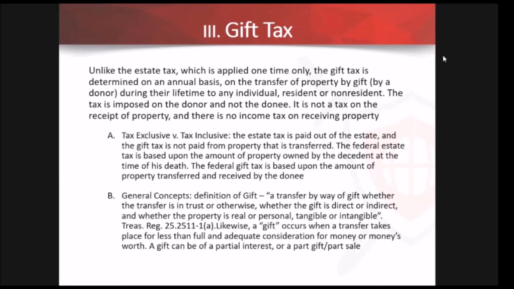In the estate tax, you have the full estate, and the estate itself pays the estate tax off the top, and then whatever's left goes out to the beneficiaries. With the gift tax, it's different. The donor pays the tax. So there's a way to actually give more money during life than at death because of the inclusive and exclusive nature of the tax, by who's paying the tax and out of what pot of money or value the tax is being paid.